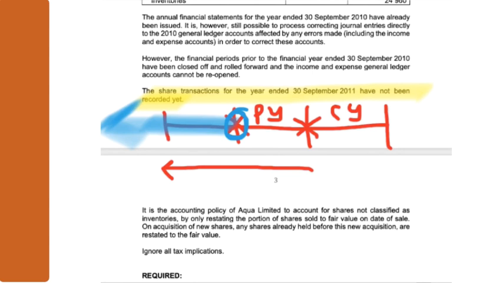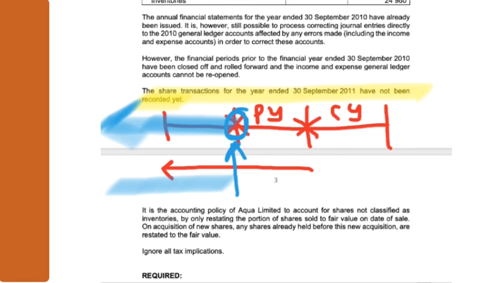Any changes you make or that need to be made to fix the error or change in accounting policy, same work method. Any changes you make going far back, all of those changes affect your opening balance of your comparative period. All the changes of all the prior years, all together, you need to show the effect on the opening balance of your prior year.